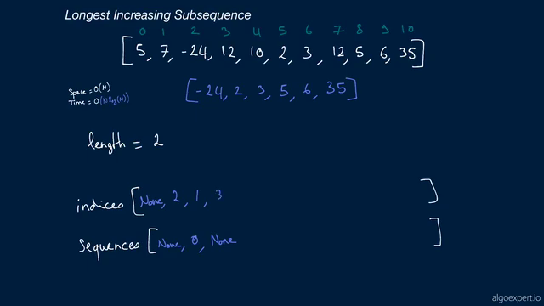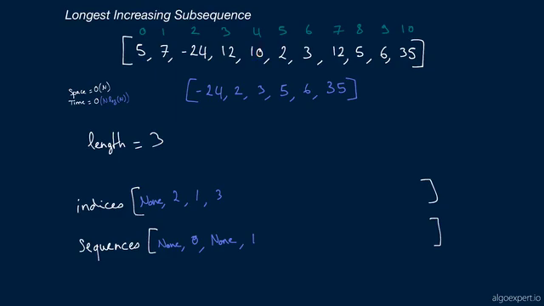And we can say here 12 is going to point to 1, right? Because 7 is at 1, and 7 is the number that's going to come before 12. Okay, so now you might be starting to see patterns, and it's going to make a lot more sense as we go into this fifth number, 10. But here, we just don't forget to update the length to 3, because that's the longest increasing subsequence that we've got now, of length 3.